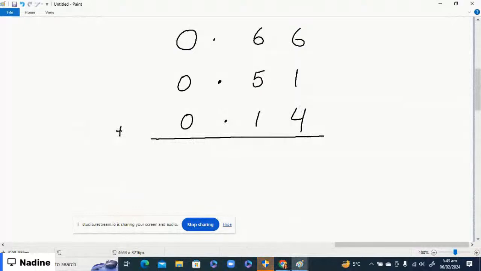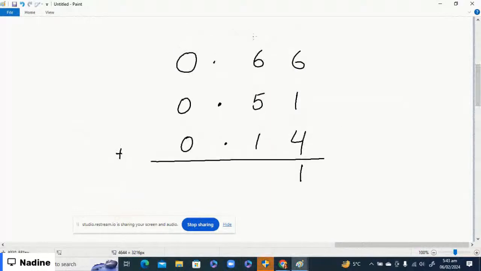So what is the answer for that? 6 plus 1 plus 4 is 11. 1 goes up. 6 plus 1 plus 5 plus 1: 6 plus 1 is 7. 7 plus 5 is 12 and 12 plus 1 is 13.